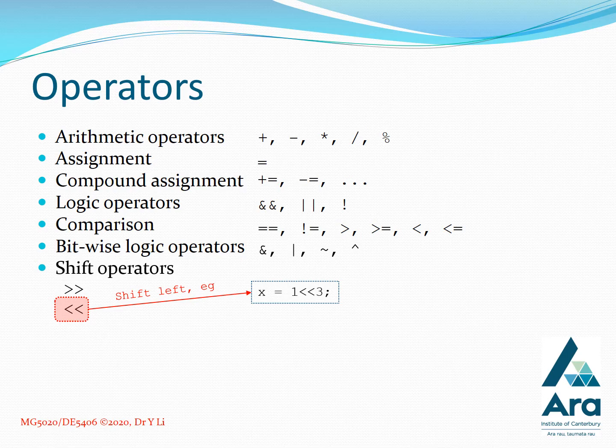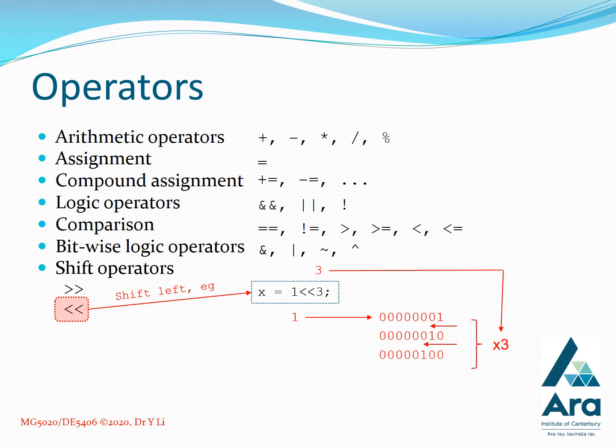For example, we have x equal to 1 shifted to the left 3 times. The 1 here is the value; in binary it will be seven 0s and a 1 in the LSB. The 3 is the number of times to do the shifting. If we shift once, the 1 will shift up from the LSB by 1 bit position, and a 0 will be shifted in.